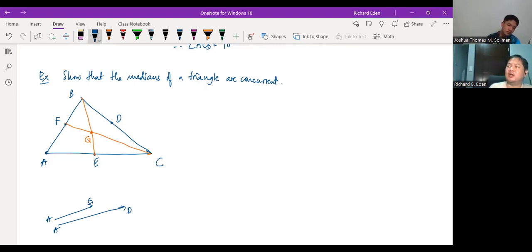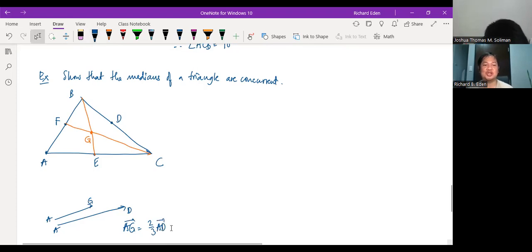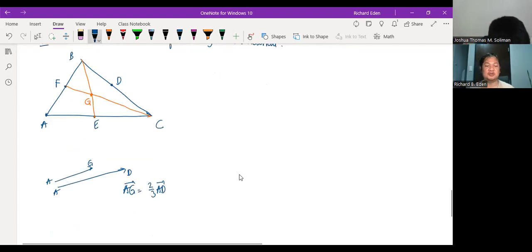But when are vectors parallel? That would be when they are multiples of each other. So what we're going to do is show that AG and AD are multiples of each other. In fact, we can even guess what the multiple is. We're going to show that AG is 2/3 of AD. Right? Because that much we know, or at least that's what we expect from what a centroid is supposed to be.